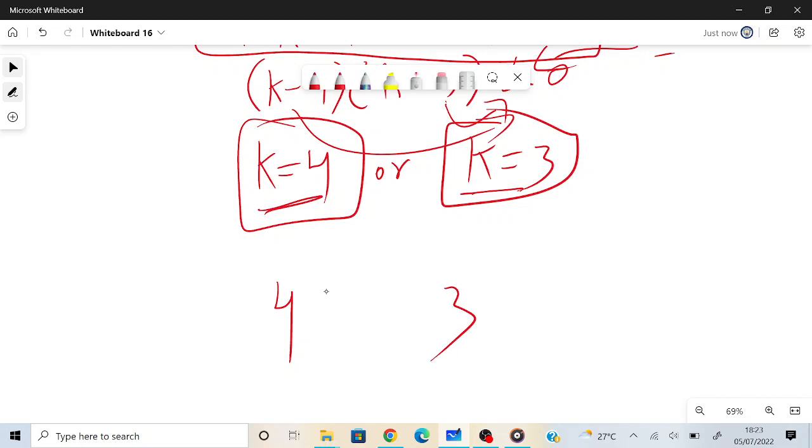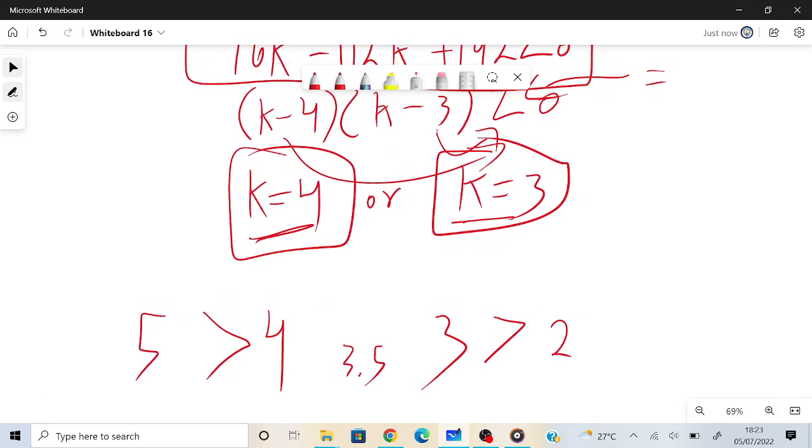A value that's bigger than 4, let's say 5, a value that's less than 3, so let's say 2, and a value that's in between 4 and 3, let's say 3.5, because you need to know how to structure your answer towards the end.